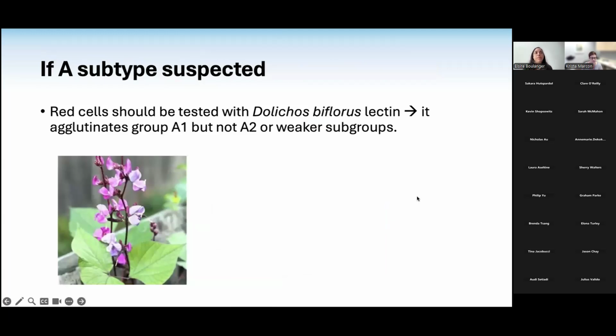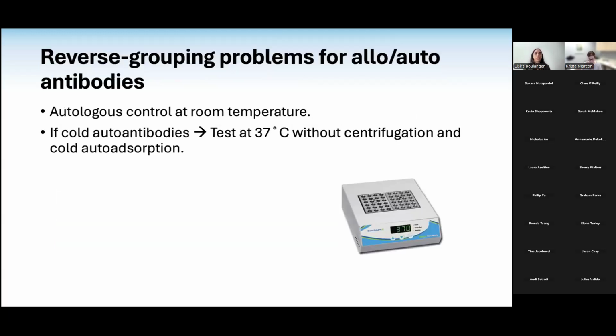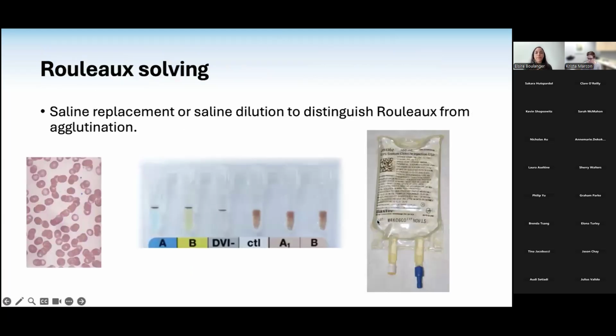If we suspect that the patient can be an A subtype, there is a lectin called Dolichos biflorus that agglutinates only with group A1, but not with A2. And this can confirm it: if there's no agglutination, the patient is not group A1. Or if we think there is a problem in the reverse grouping because there are extra reactions, we can run an autologous control at room temperature, or if there are cold antibodies, we can test this at 37 degrees.